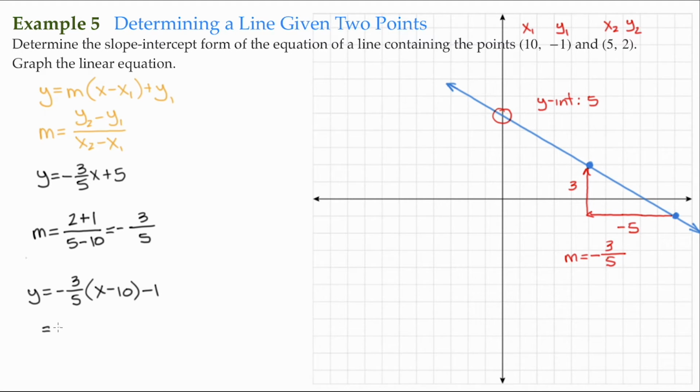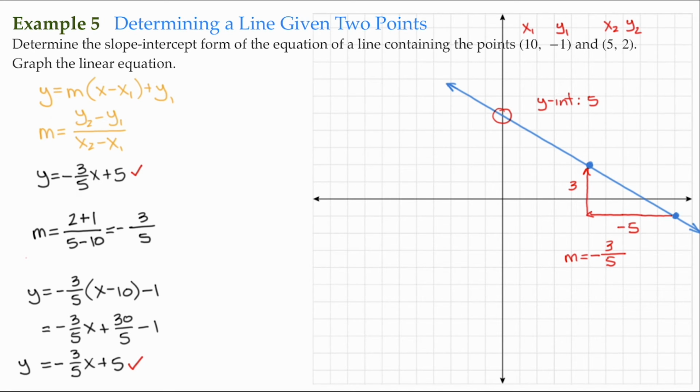We distribute negative 3/5 times x, negative 3/5 x. And negative 3/5 times negative 10 is positive 30/5. And then, of course, minus 1. Now, 30/5 is 6. So y = -3/5 x + 6 - 1, and 6 minus 1 is 5. And look at that. This matches what we did graphically.